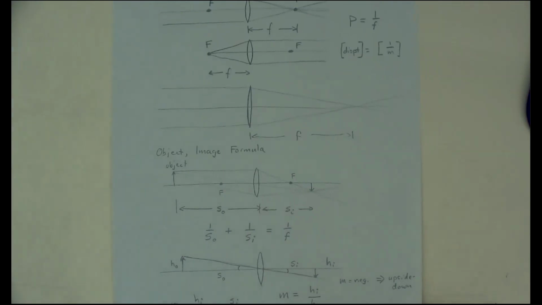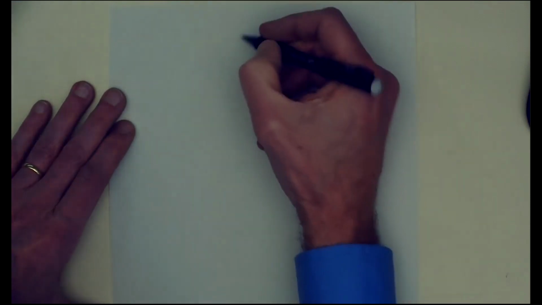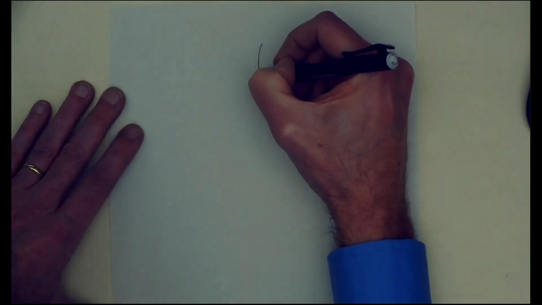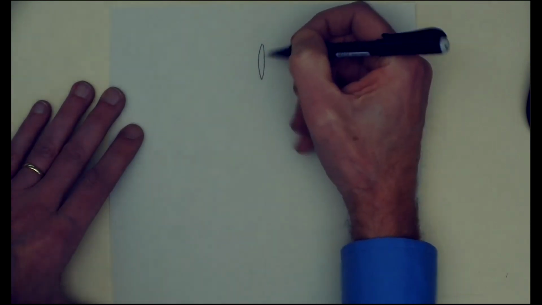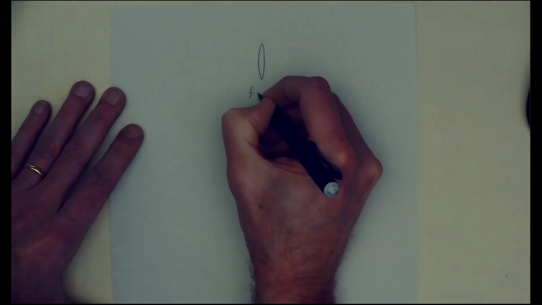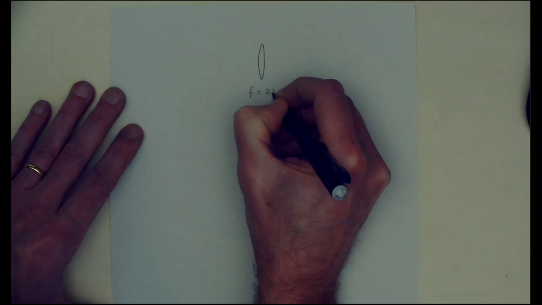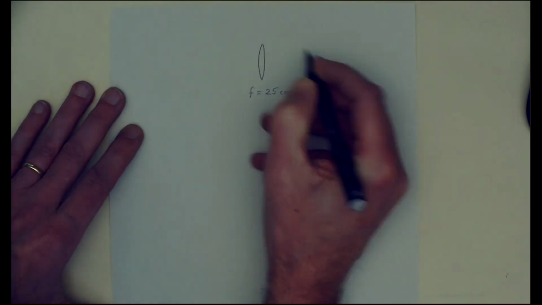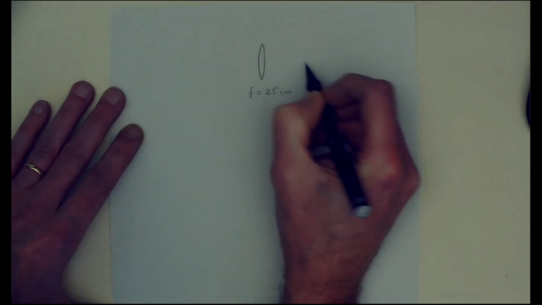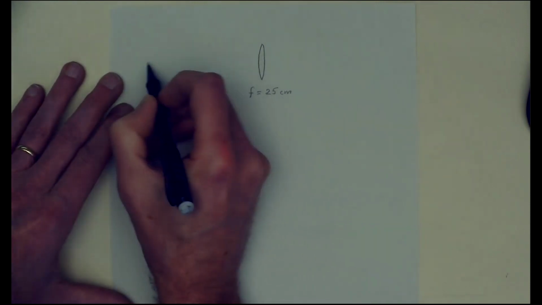Let's work an example to make all of this a little bit more clear and concrete. So let's say that we have a lens out here, and we'll say that we happen to know that it has a focal length of 25 centimeters. So that means it's got these focal points 25 centimeters away on either side.